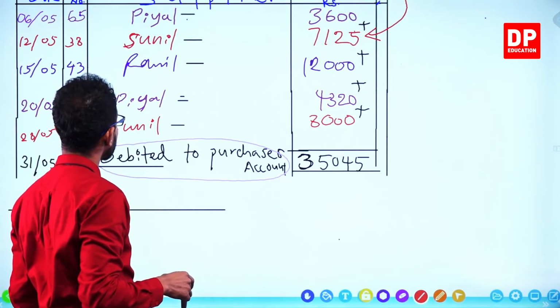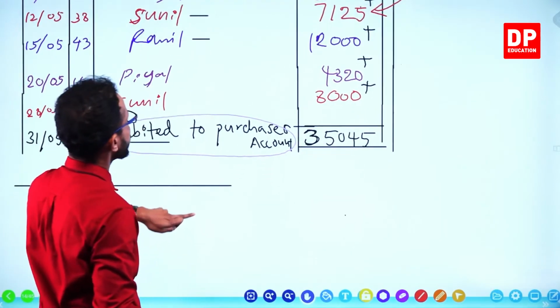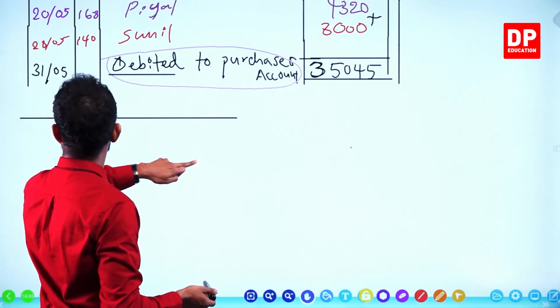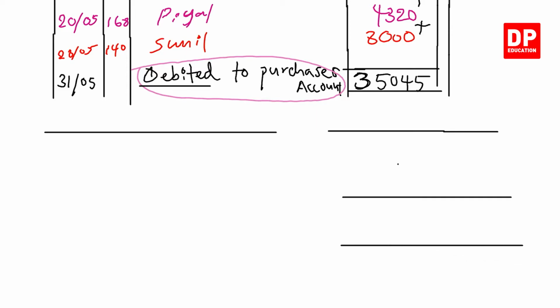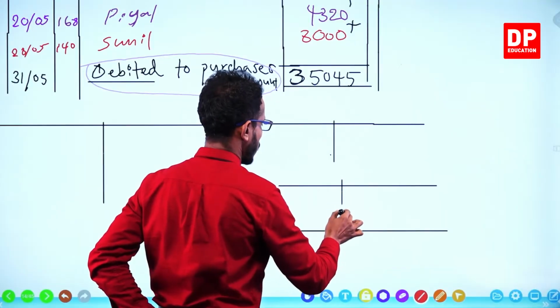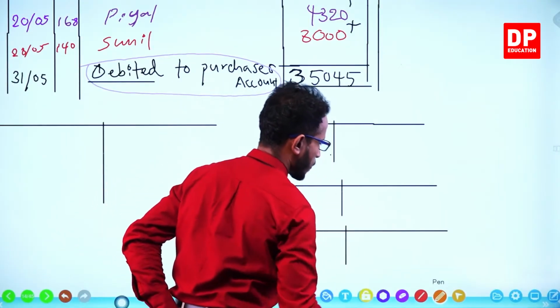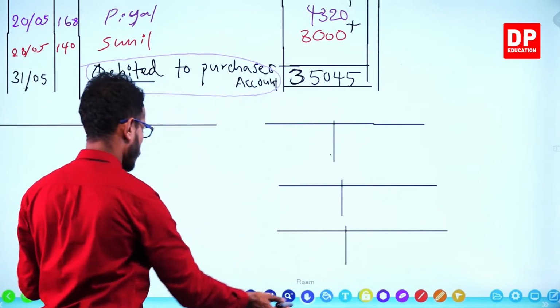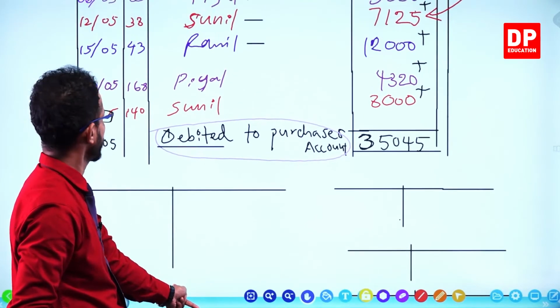So I'm going to draw the 3 creditors accounts on this side, in T formats. Let's name them, children.